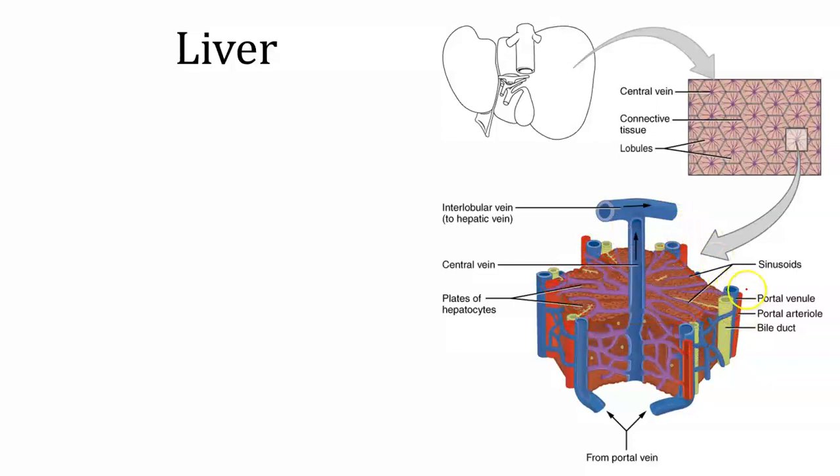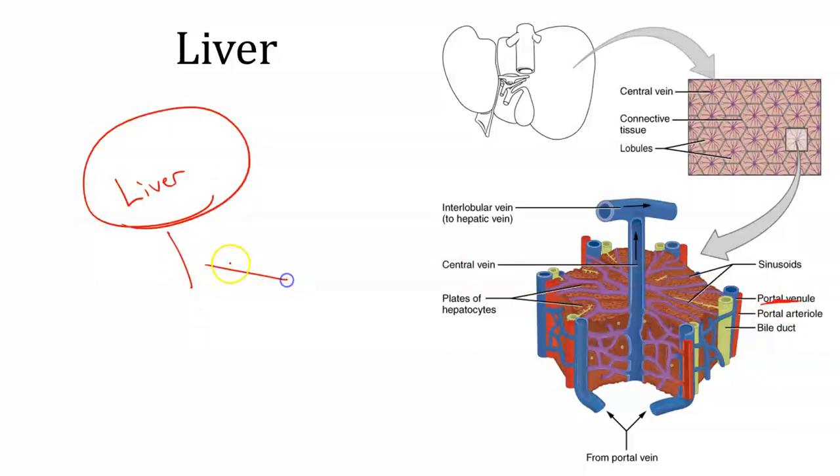The 3 vessels that are found in the triad are the following. You have a branch of the hepatic portal vein. So just remember more macroscopically here, you had the liver, and you had the splenic vein, the superior mesenteric vein, and you had some other veins as well, smaller ones.